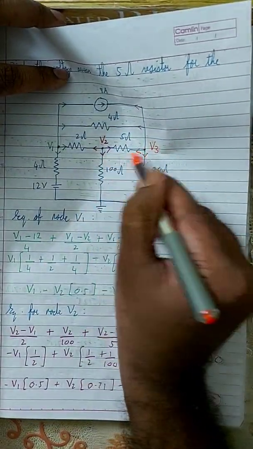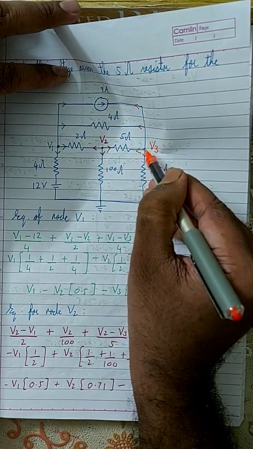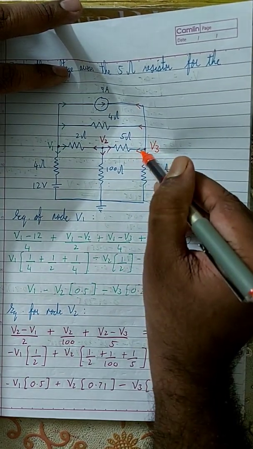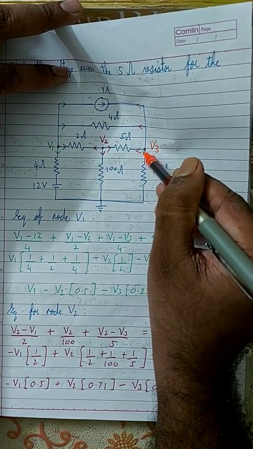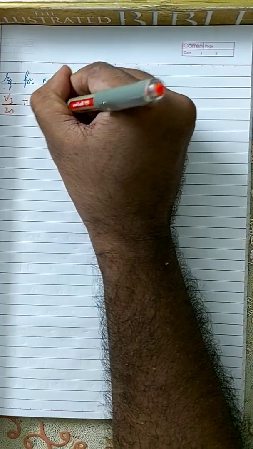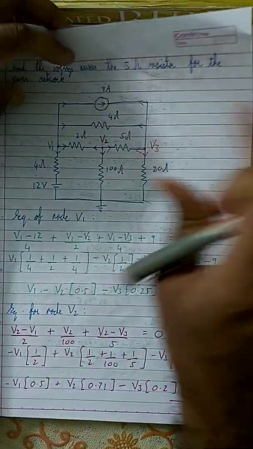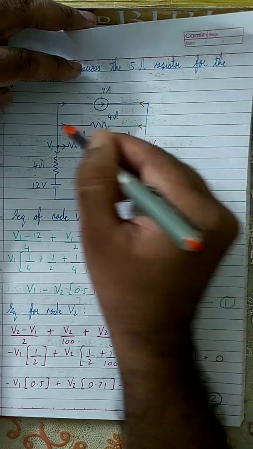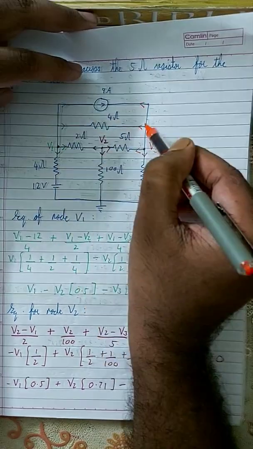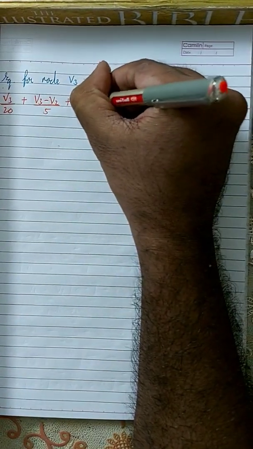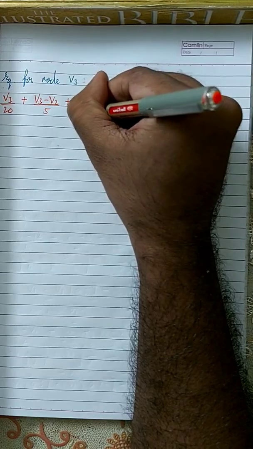The current across the 5 ohm resistor is flowing from V3 to V2, so the current through this branch is V3 minus V2 by 5. Now what is the current through this branch? The voltage over here is V3 and the voltage over here is V1. So it is V3 minus V1 by 4.